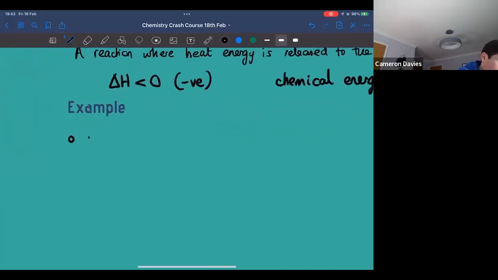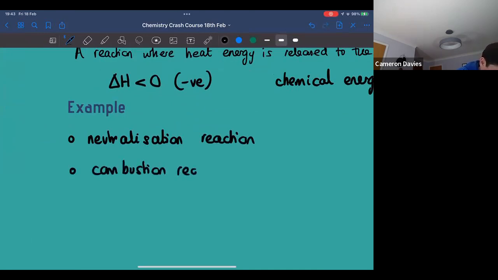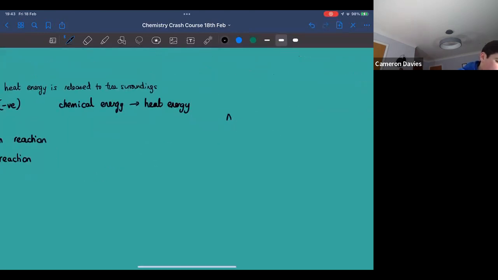And an example of this might be a neutralization reaction, or a combustion reaction. And again, looking at an energy profile diagram.